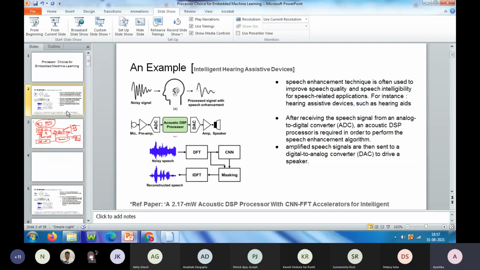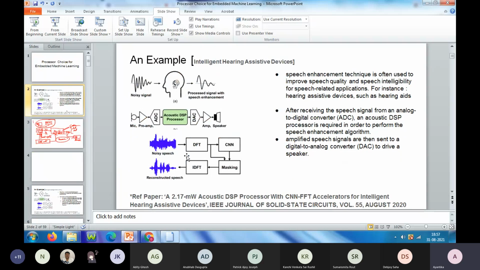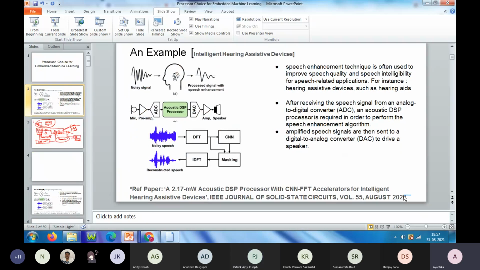It was published in August 2020, and this solid state study is very top notch. So when we are talking, it is not only the DSP processor, I should not say it that way, but when you are thinking about this CNN concept, then DSP is meaningful.